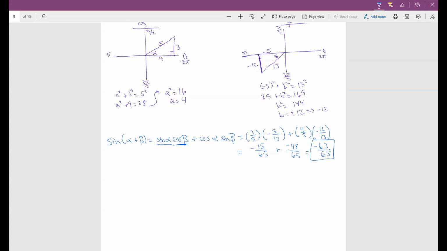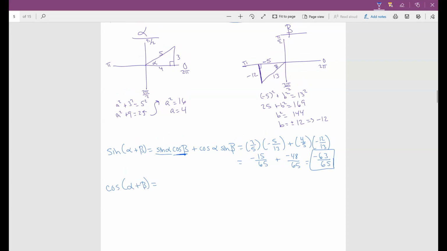All right, now can we figure out what cosine of alpha plus beta is? Cosine of alpha plus beta is just going to be cosine alpha cosine beta, minus sine alpha sine beta. Cosine alpha is just going to be 4 over 5. Cosine beta is going to be negative 5 over 13.